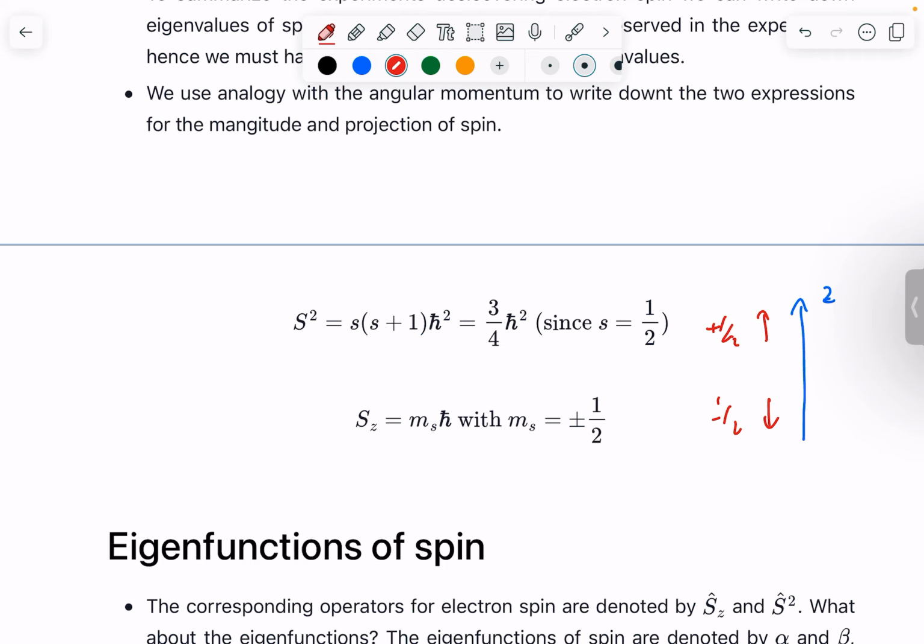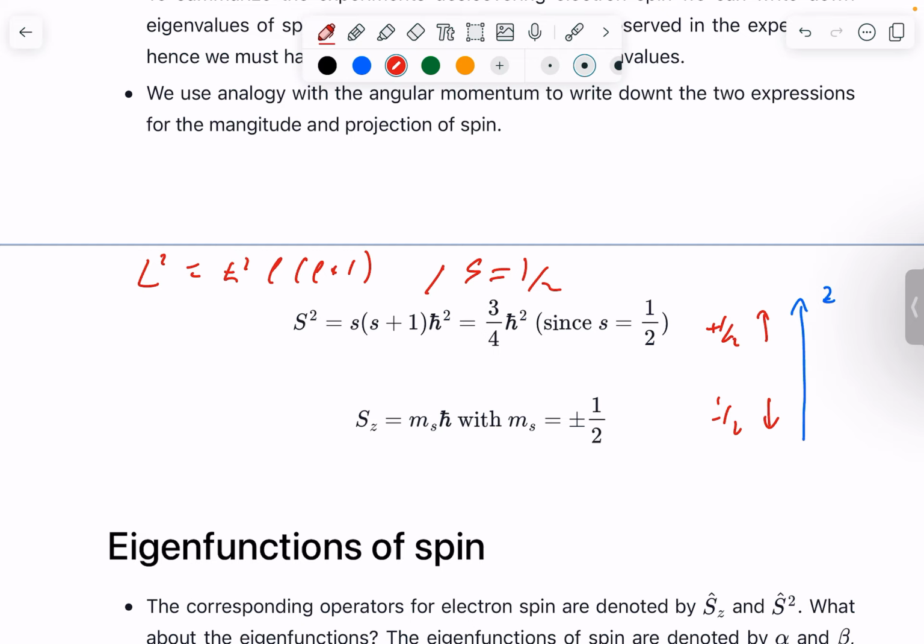And you can measure this on the screen. You can calculate the eigenvalues experimentally. And so we can write down these eigenvalues explicitly using the analogy with the angular momentum, right? If you remember, the eigenvalues for the angular momentum were h bar squared L times L plus 1. So here the analogy is direct. You have s times s plus 1 h bar squared, with the only difference being that s only has one fixed value with only two possible projections.